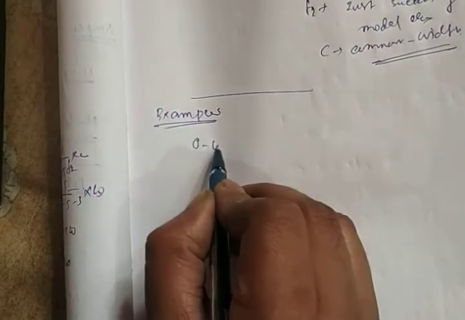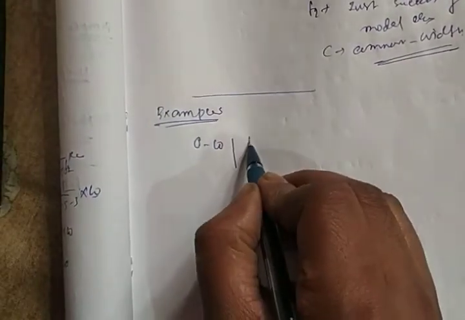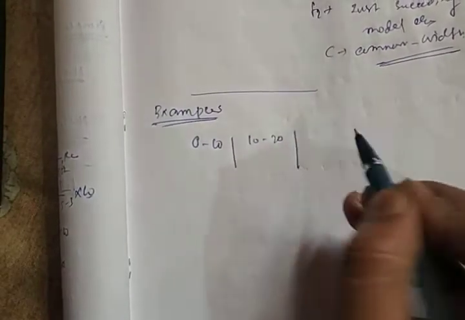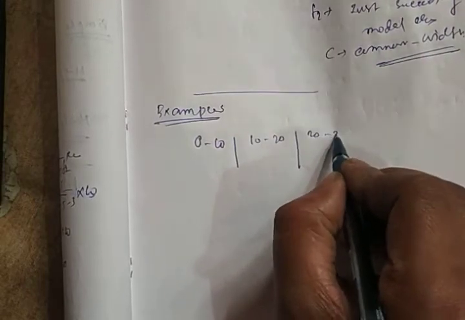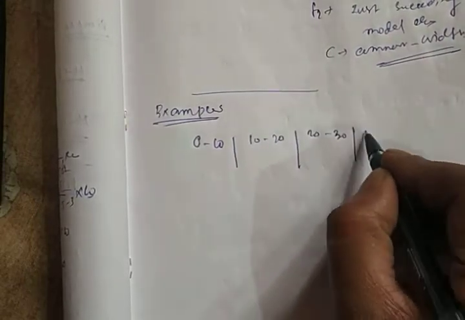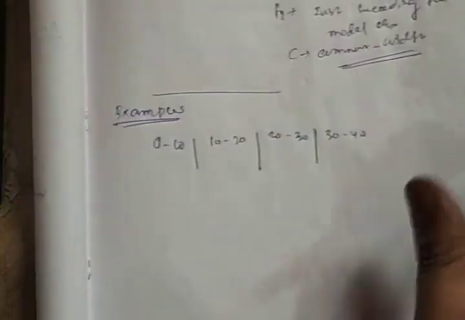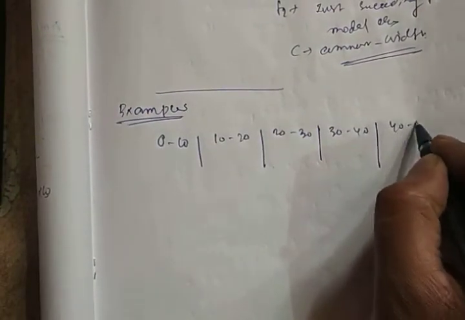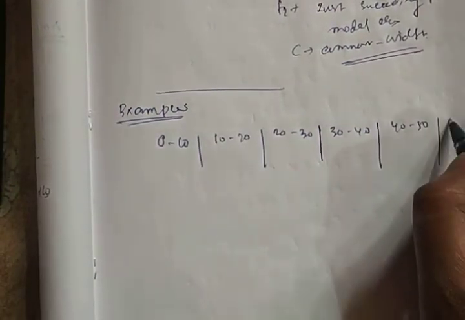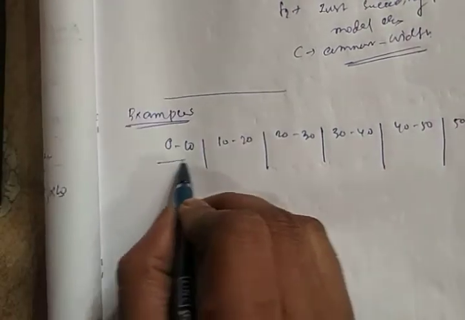The class intervals are 0 to 10, 10 to 20, 20 to 30, 30 to 40, 40 to 50, 50 to 60.